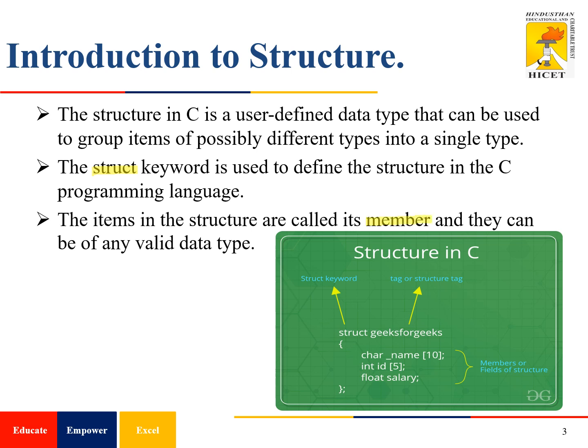Here I am giving a pictorial representation of a structure in C. We are using the struct keyword to define the structure with structure name GeeksforGeeks, and I have some members for the structure, that is name, id, and salary. Each is mentioned with its own data type: name with data type char, id with data type int, and salary with data type float.